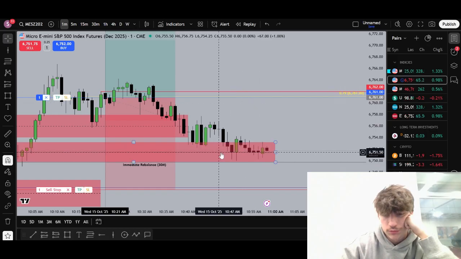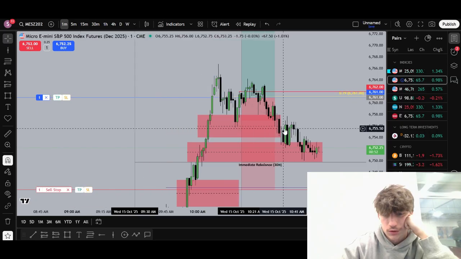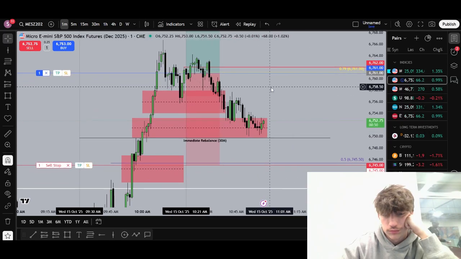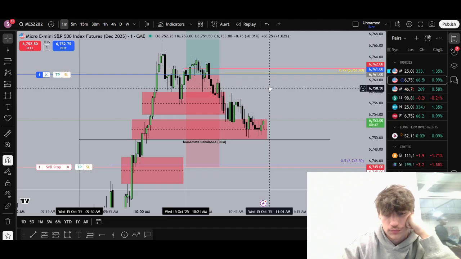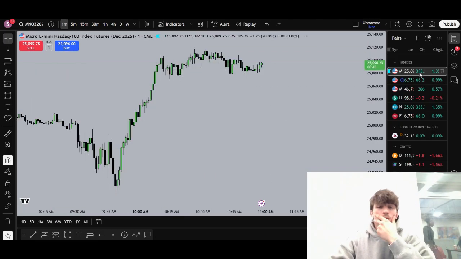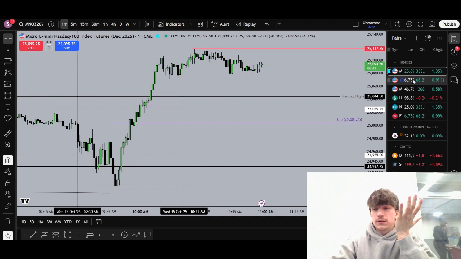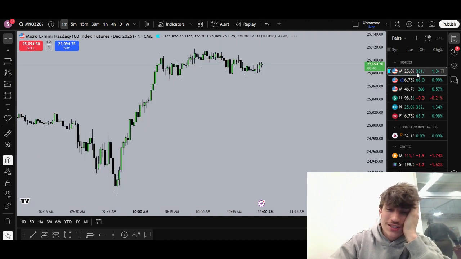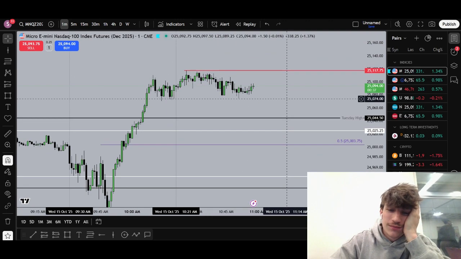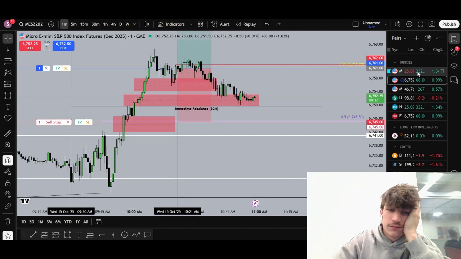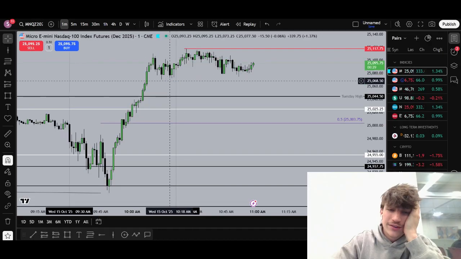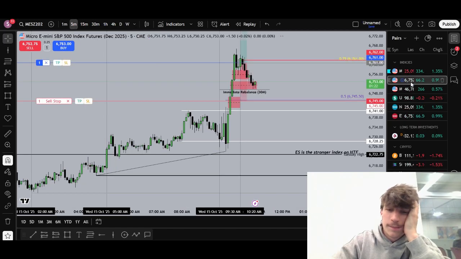That midpoint here might push us up, hopefully, at least. We're not even retracing on Nasdaq, which is the crazy part. Nasdaq's not even below these. We got another SMT, but that's ridiculous.